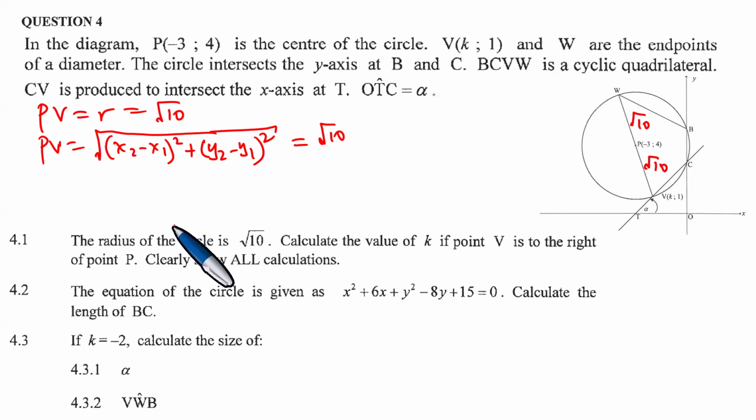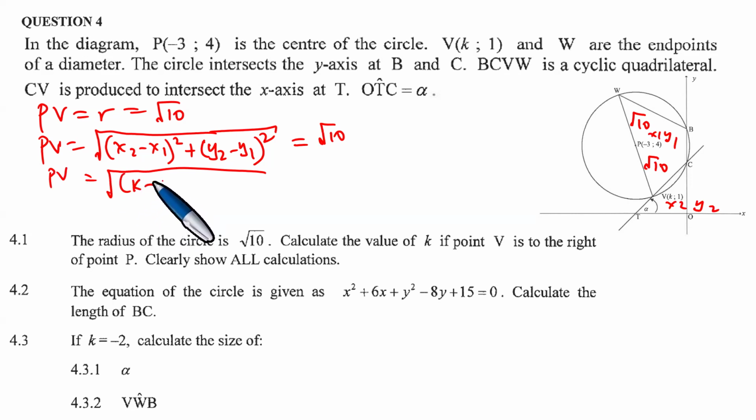Now, what do you do here? You take this into account and we perform substitution. We are dealing with P and V. P has x1, y1, V has x2, y2, which means that what you have here is x2, which is k, minus x1. x1 is minus 3.